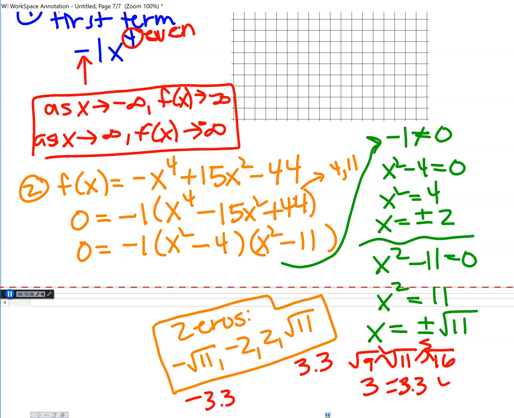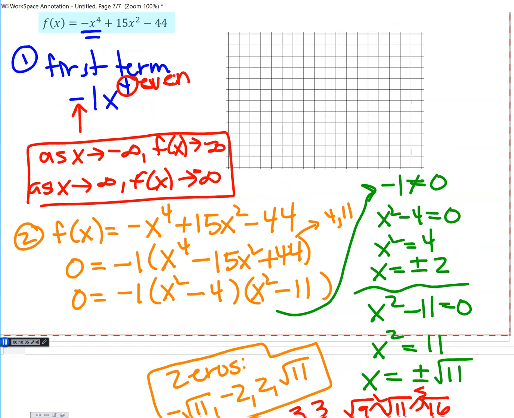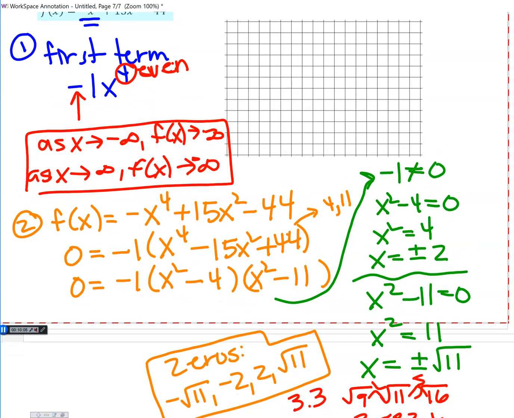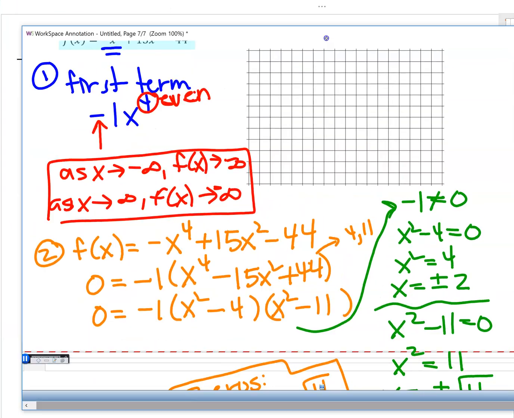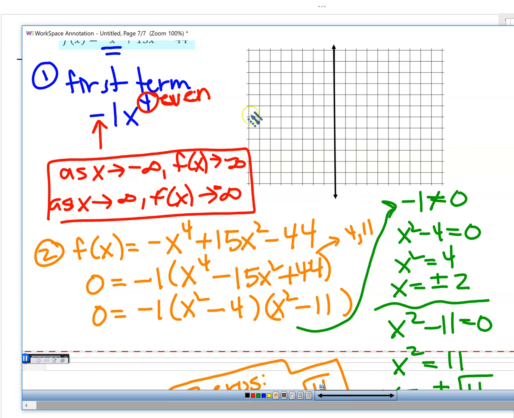So now I'm going to go back to my graph here and draw my axes in. I have zeros at positive 2 and negative 2, and then about 3.3 and negative 3.3.